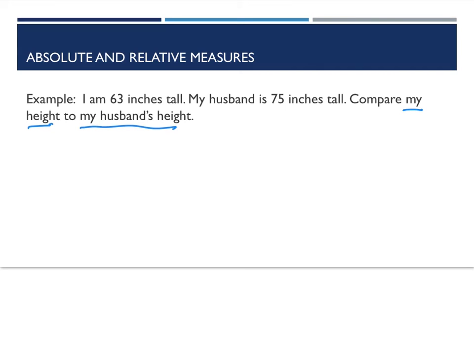to my husband's. So what I have to think is, when I do me to my husband, what word would I use if I come first? I am taller or I am shorter? Well, I am shorter.